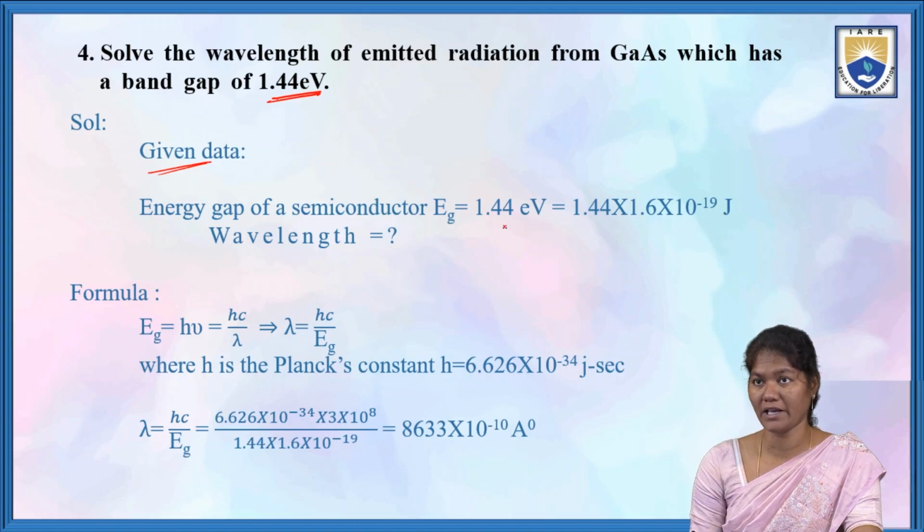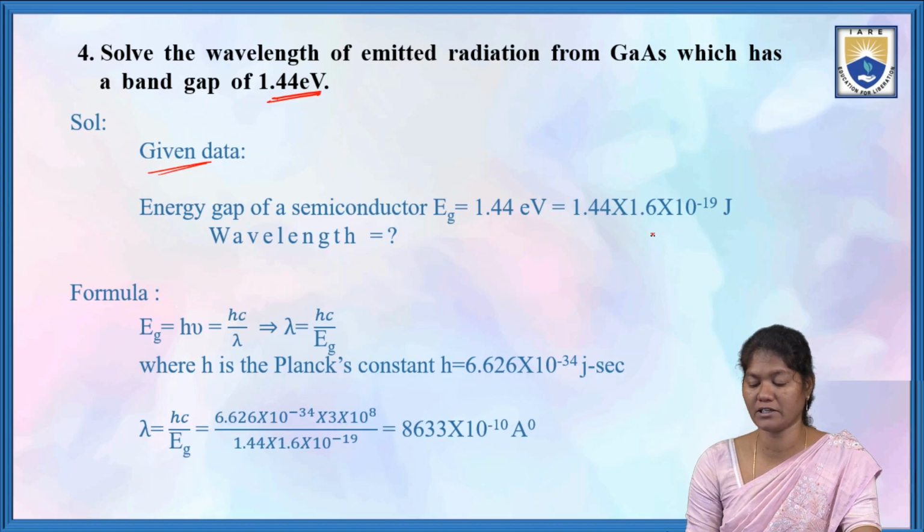So the energy gap is 1.44 into 1.6 into 10 power minus 19 joule.